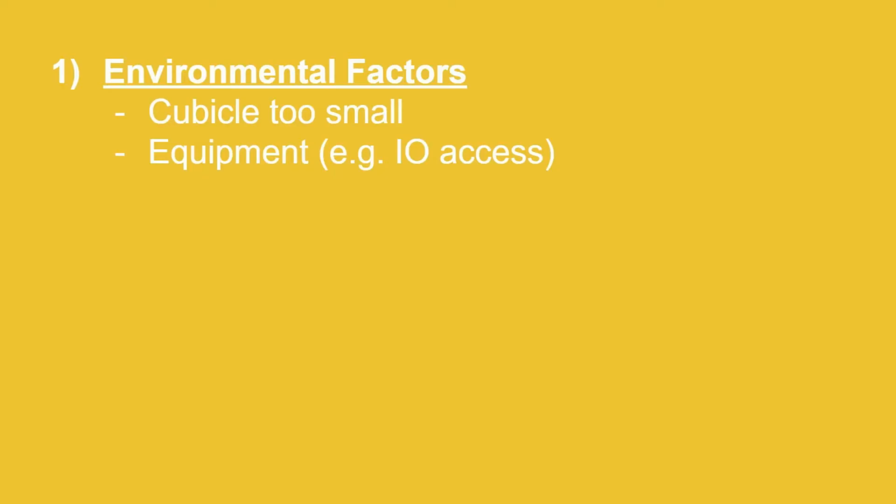So the first theme was environmental, so we found quite quickly that managing an unwell child with all the people and the paraphernalia associated with that, we weren't able to do that effectively in the cubicle as it was far too small. This links into equipment as well, and some of the equipment that you'd want to hand quite quickly, although we thought it was going to be there and accessible, actually wasn't, including, for example, there was no IO in the green area at that time.